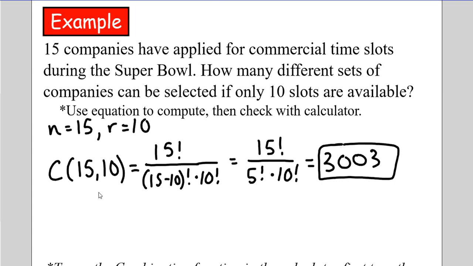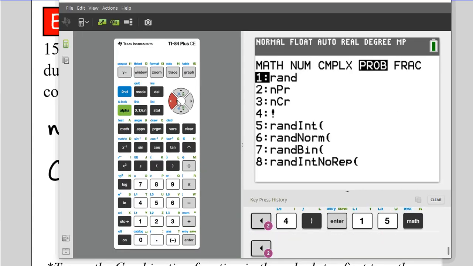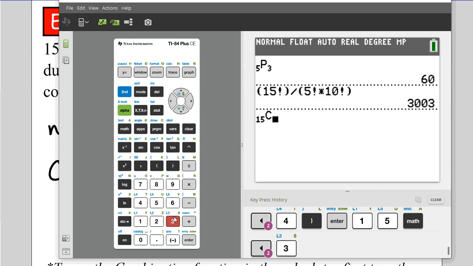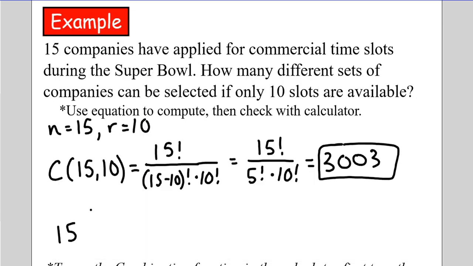To use the calculator for this, I'm just going to essentially type this in as we see it. In the calculator, you'll type in 15 first, you go over to math, same place we got permutation, except it's not option 2, it's option 3 now, it's a combination because order is not important. And there's the 3,003. So 15 choose 10 is 3,003.